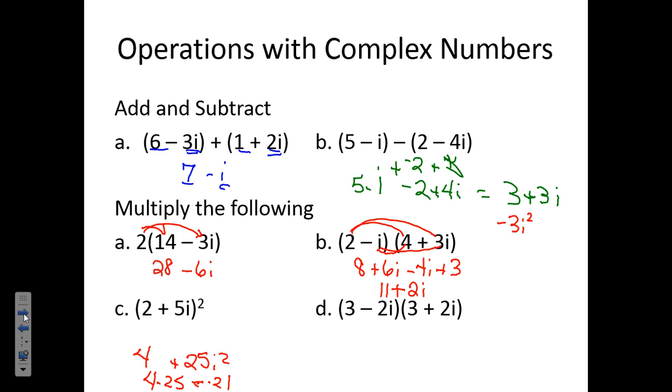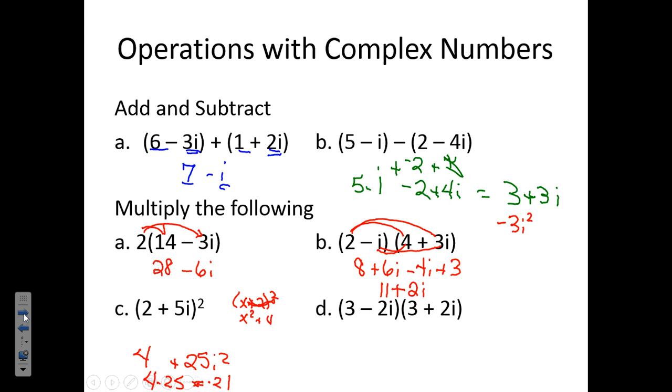What's wrong with that? Is x plus 2 quantity squared the same thing as x squared plus 4? We need to FOIL it out, don't we? Of course it's not.